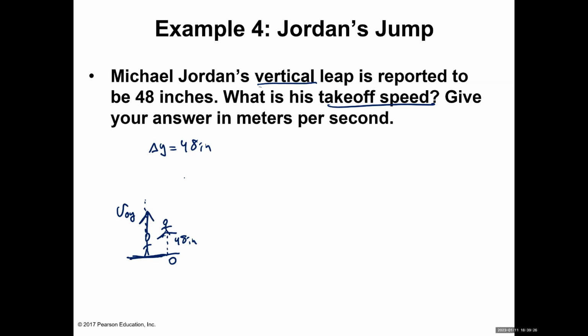But remember, this is a free fall. What other information do we have about free fall that I can write down as given? Gravity. Gravitational acceleration. Remember, that means vertical acceleration is equal to negative g. Now, let's take the ground to be point A, and let's take the position 48 inches up to be point B. What other very useful information do I have about going from A to B?